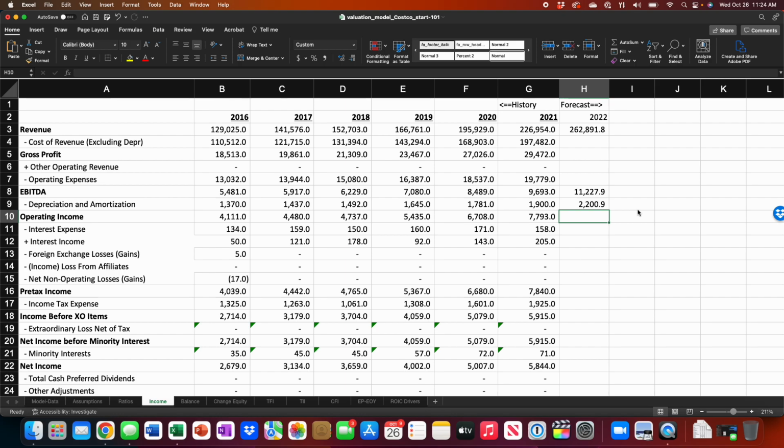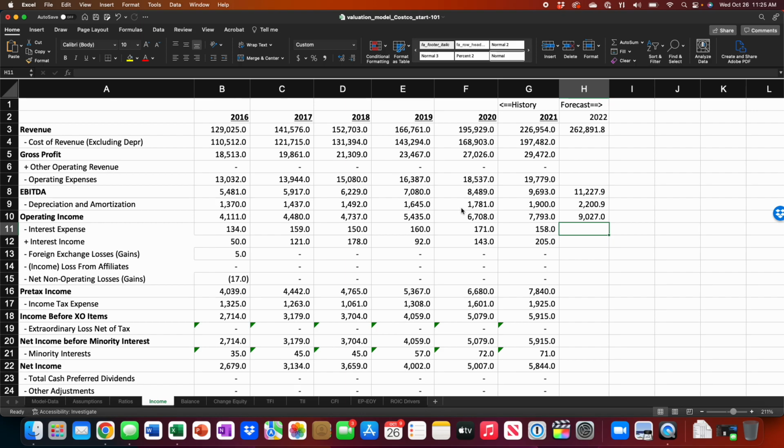Operating income, solve. EBITDA minus DA equals EBIT or operating income. So again, you can see the formulas over here on the left. So equals H8 minus H9, operating income $9,027,000,000. So very quickly, we now have a forecast for next year's operating income for Costco.